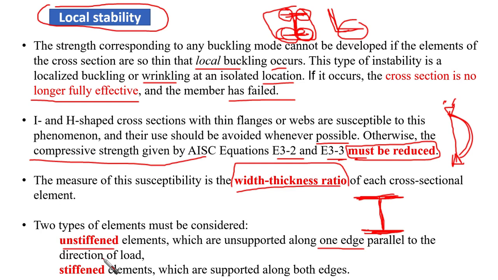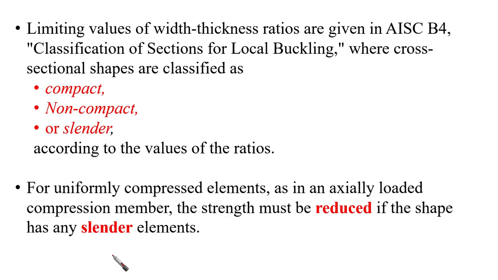Now, based on this, limiting values of width-thickness ratio are given in AISC, like B4, in chapter B, section 4, classification of sections for local buckling.